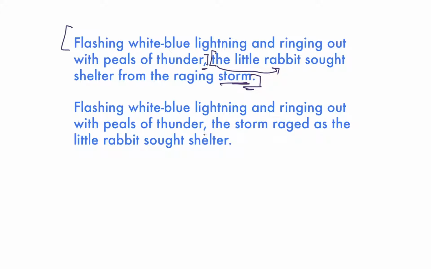Right, so now everything that comes before this comma is now describing storm, which makes much more logical sense. What we just saw is one of the three kinds of modifier placement errors you're going to see on the test. The Thunder Bunny error is an example of something that can go wrong with an introductory modifying phrase. Right, that's everything from the word flashing to the word thunder. It's this introduction that modifies the thing that comes after it, which is, in the correct version, the storm.